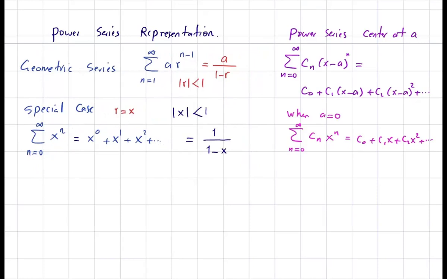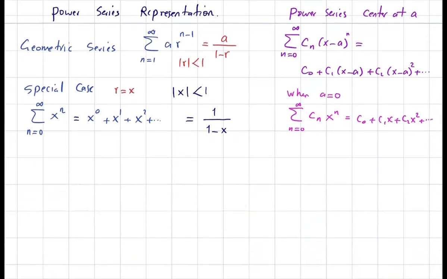So what's happening here? You basically have a power series x to the n, and as long as the absolute value of x is less than 1, it converges to this rational function. So this is our observation.